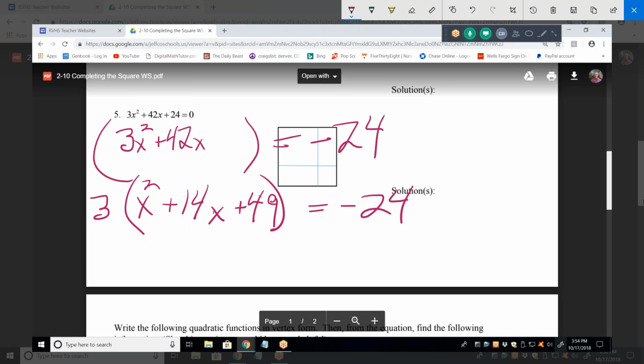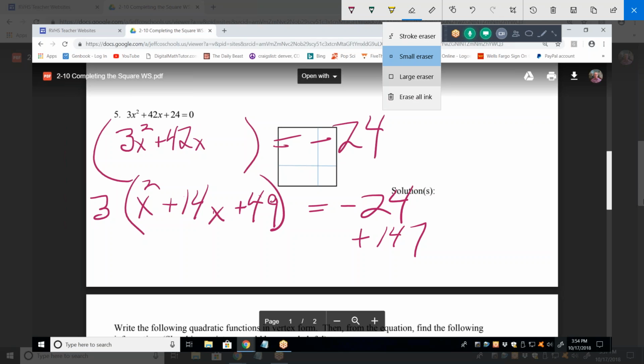Now, how much did I add to the left side of the equation? 49. So we have to subtract or add 49 to the other side. No, I didn't add 49. I added 49 times 3. Oh. So we have to add 147 to the other side. Okay, so that's what I wanted to point out.